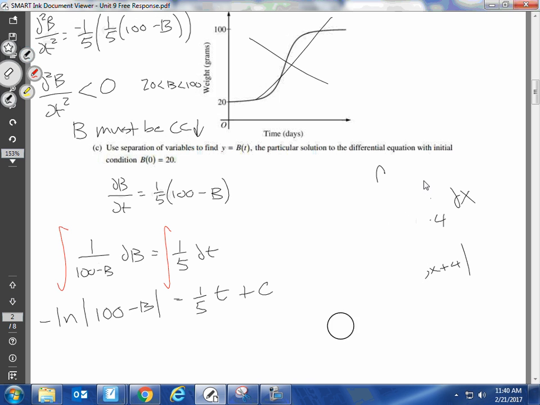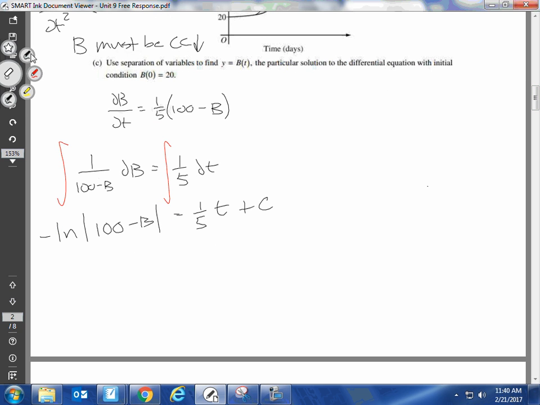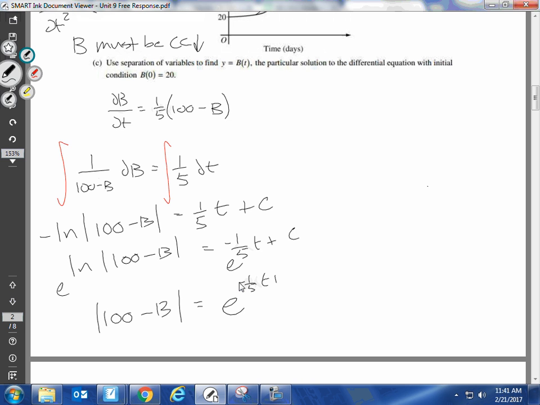Okay? And the rest will be solving for b, which I'll do right now. Take the opposite of both sides before I get rid of the log. Take e to the power of both sides. Rewrite it so it's nice.